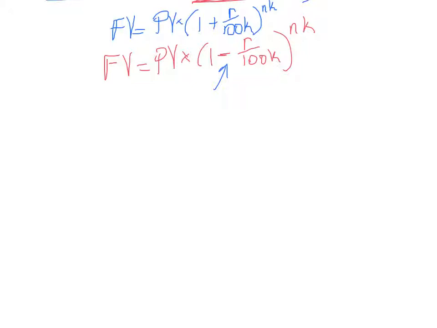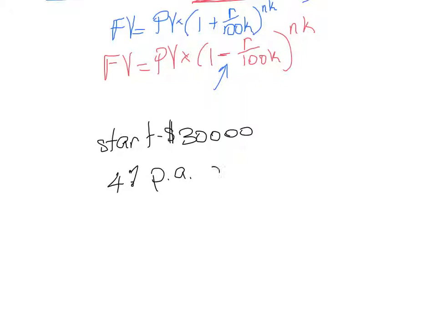So if my car is worth $30,000 at the start, it's worth $30,000, and it depreciates at a rate of 4% per year. Depreciation this time.